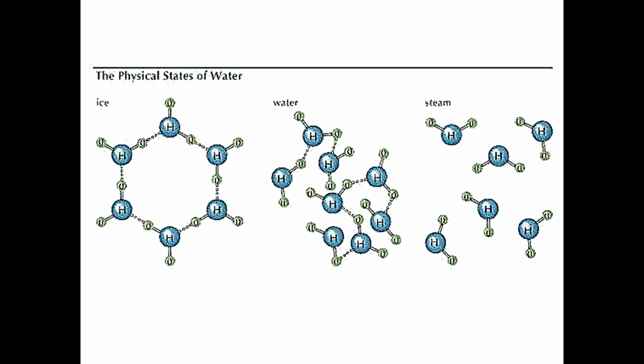Alright, so talking about the three states of matter, we're going to use water as an example because this part of the chapter is all about water. So you have water as a solid, you have water as a liquid, you have water as a gas. Notice here that as a gas, the water molecules are spread apart.